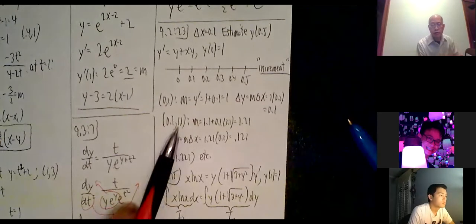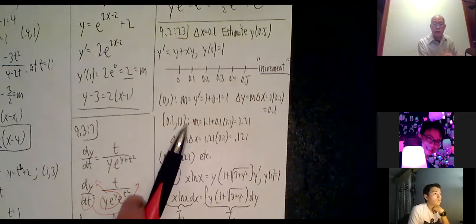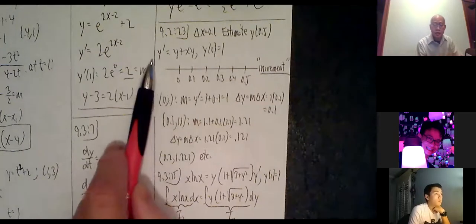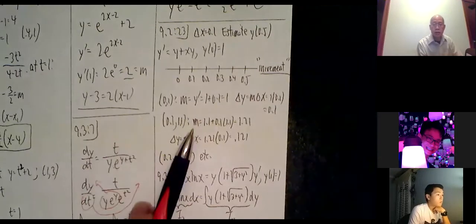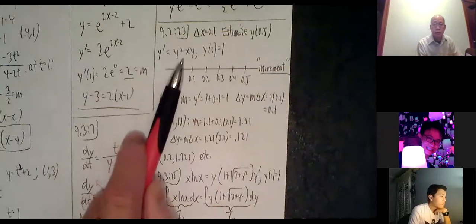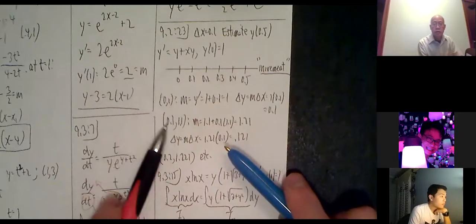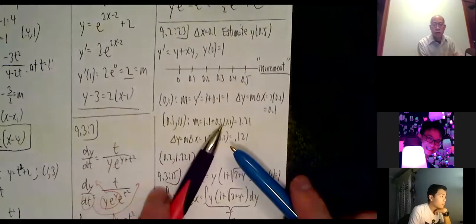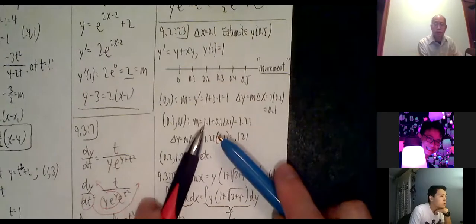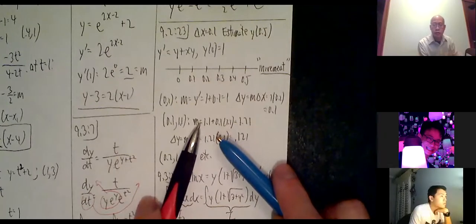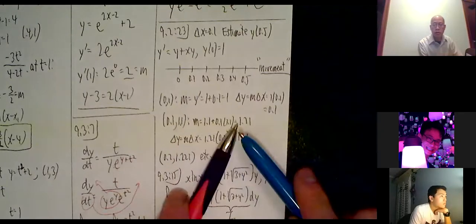It looks like I did it one more time, so I'll just do it one more time, and that's about it. Again, m is the same as y prime, right? Y prime gives you the slope of the tangent line, and that's m. So y plus xy, so 1.1 plus 0.1 times 1.1, grind it out, 1.21.